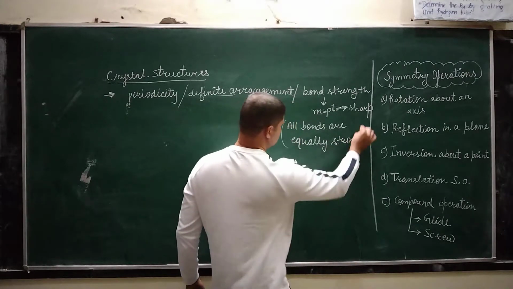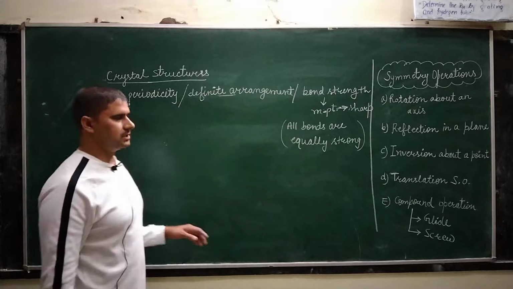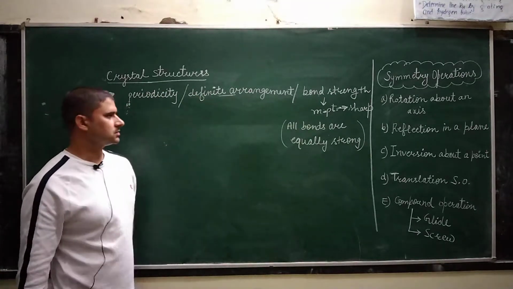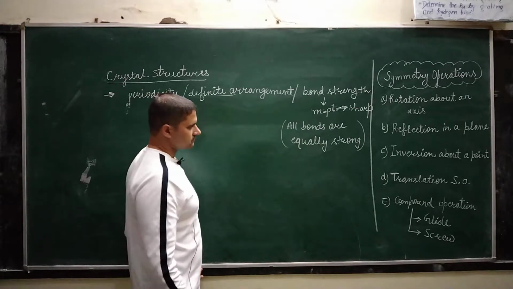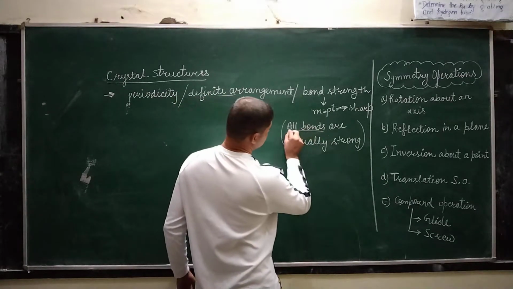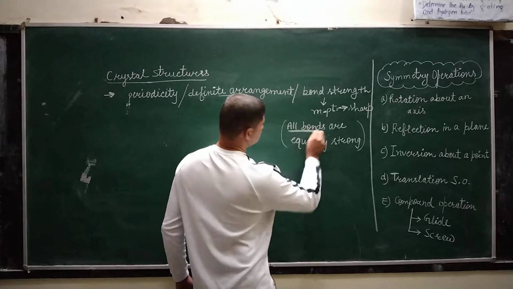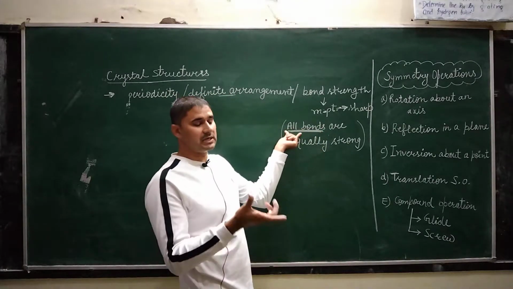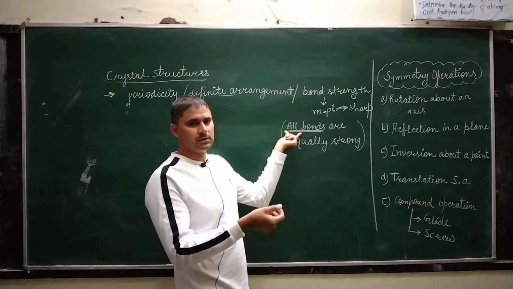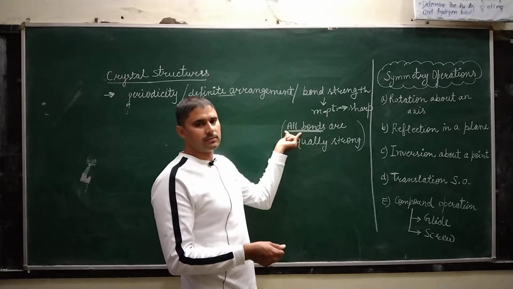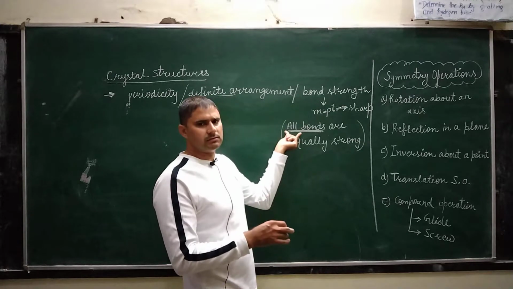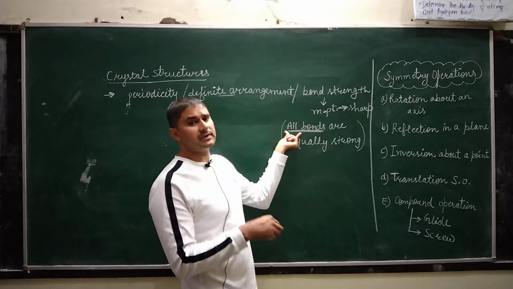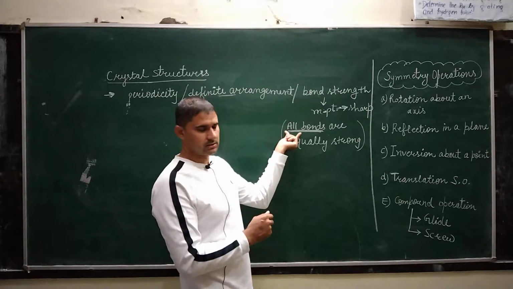We did all these things when we compared crystalline solids with amorphous solids. Class, I am writing here all bonds. This is for an ideal crystal, but you know there is nothing in the world which is ideal, so some imperfections are always present in the crystal as well.